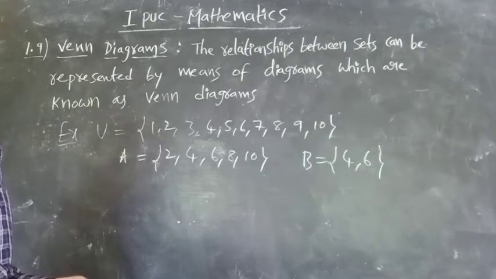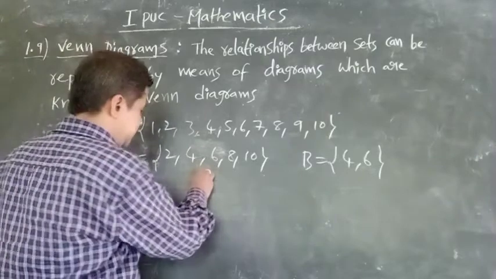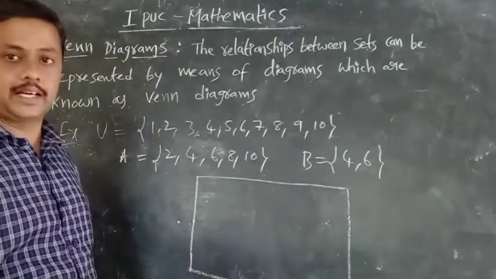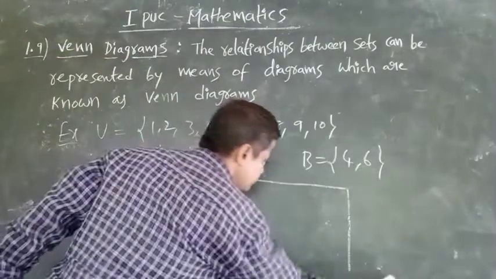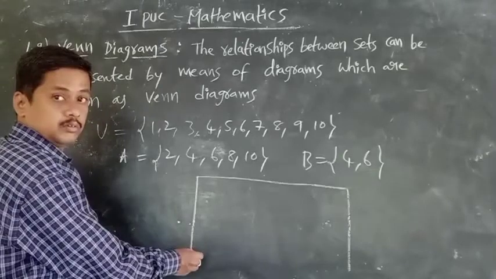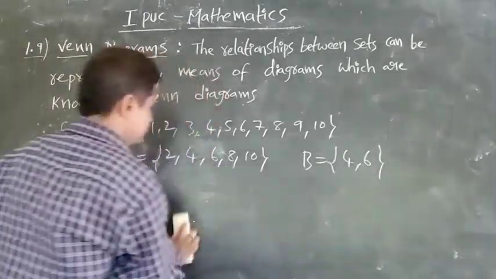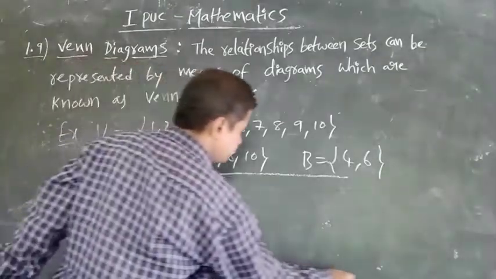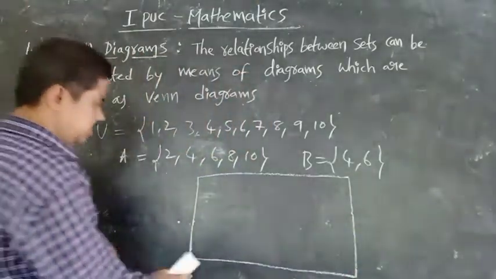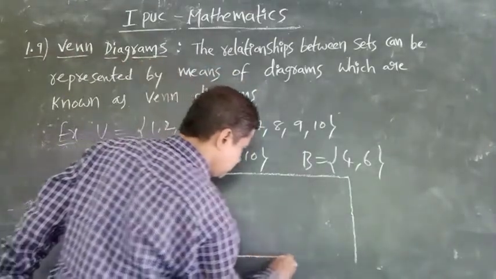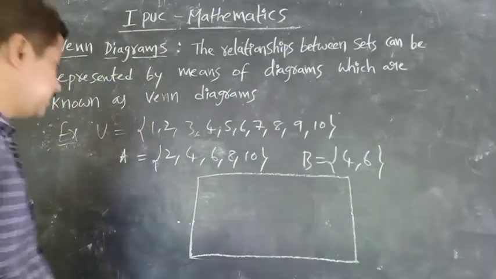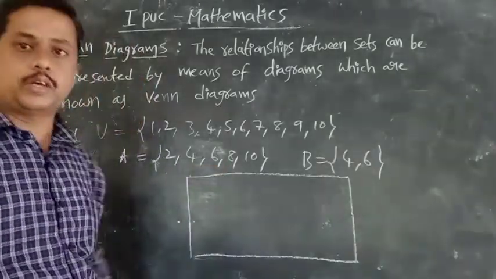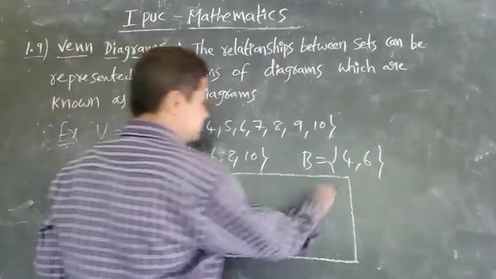Today we will see how to represent using Venn diagrams. First we represent the universal set by a rectangle, as we said. Now, let us take this as the universal set.